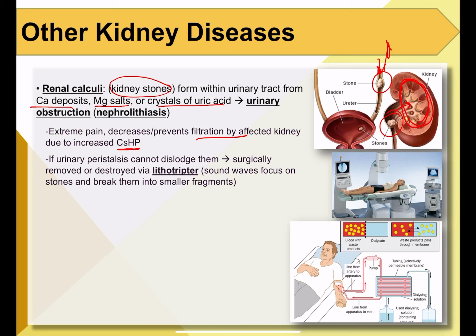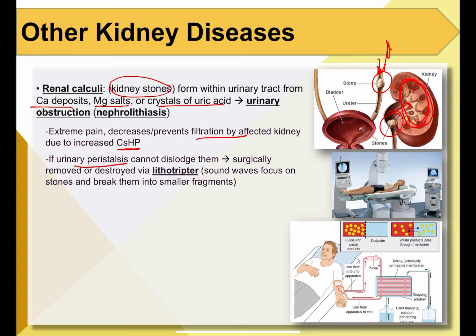Okay, so usually how these renal calculi are gotten rid of is, hopefully, if your urinary peristalsis can get rid of them by itself and you start peeing stones out of your sphincter, then that's how you can dislodge them, hopefully. And that's why they say whenever you have a kidney stone, drink a lot of water, okay? Drink a lot of water to hopefully increase the amount of peristalsis that happens and, in a sense, get rid of those kidney stones.